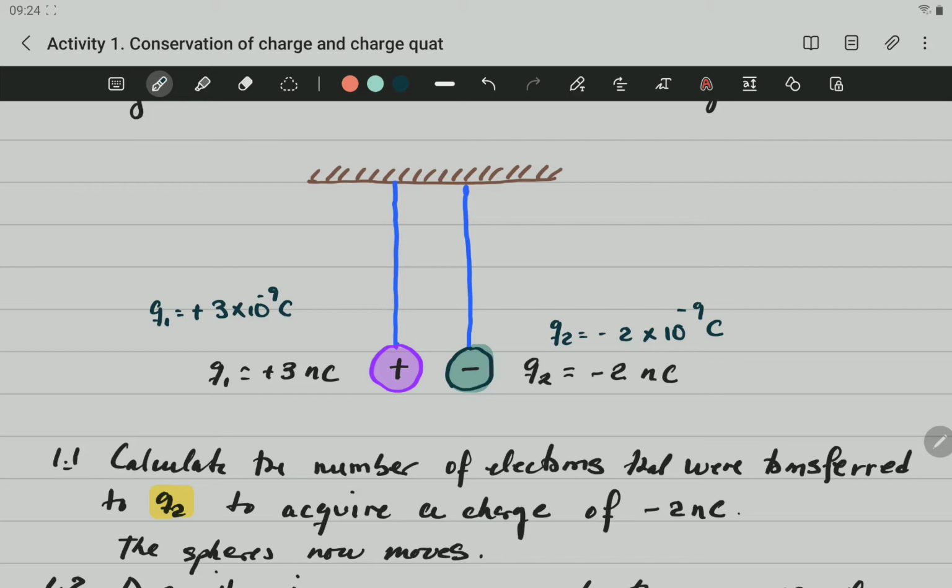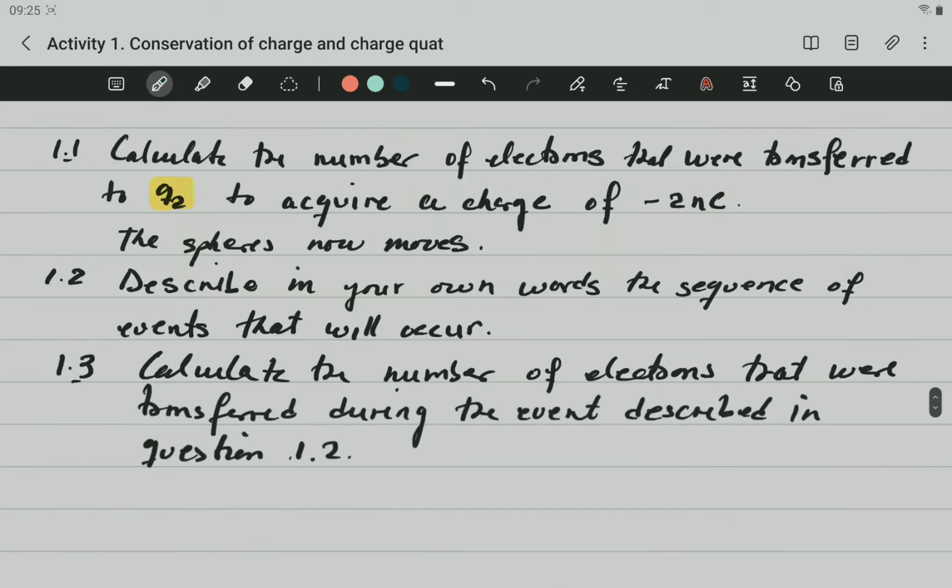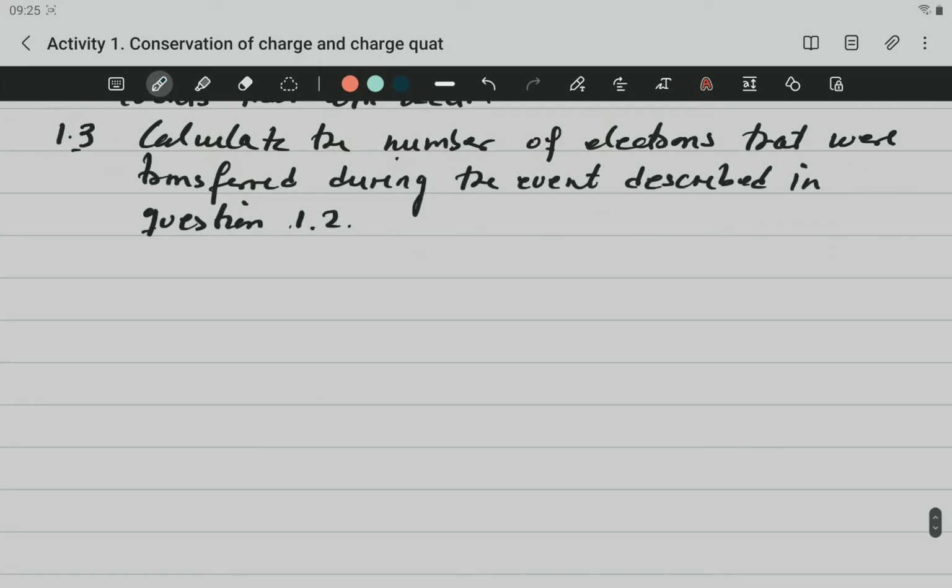Now question 1.1 says: calculate the number of electrons that were transferred to Q2 to acquire a charge of minus 2 nanocoulomb. So let's write a solution here. Solution 1.1. What data do we have?